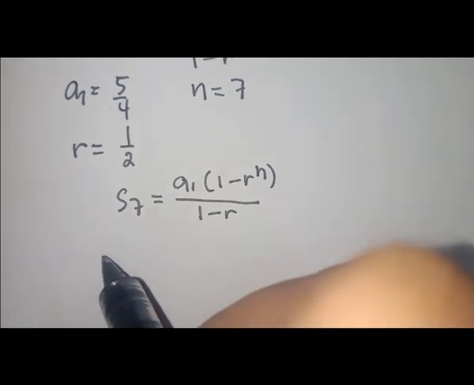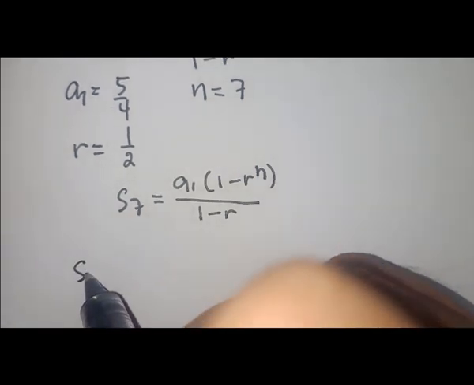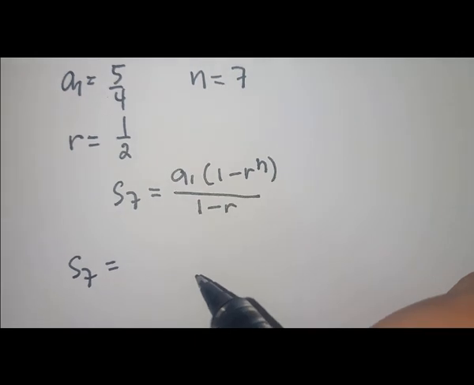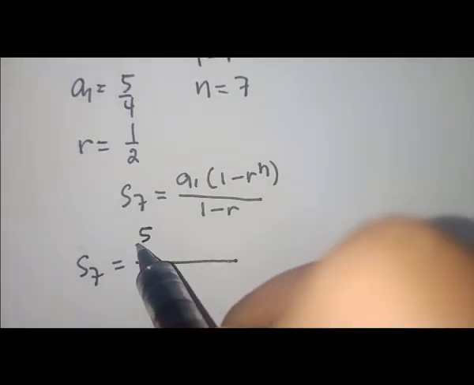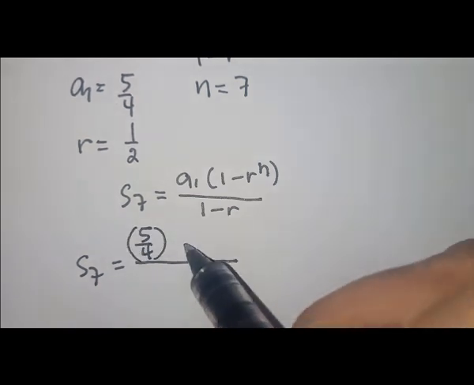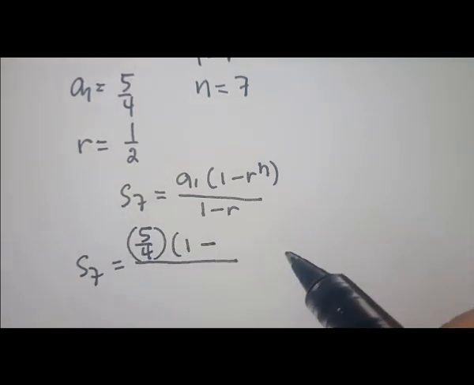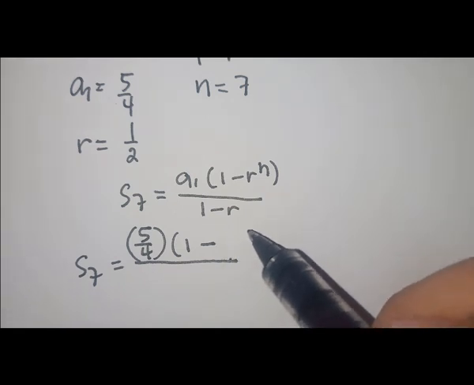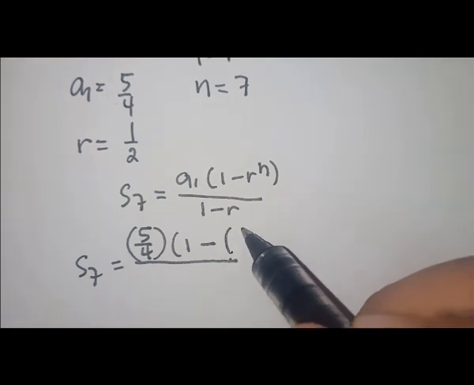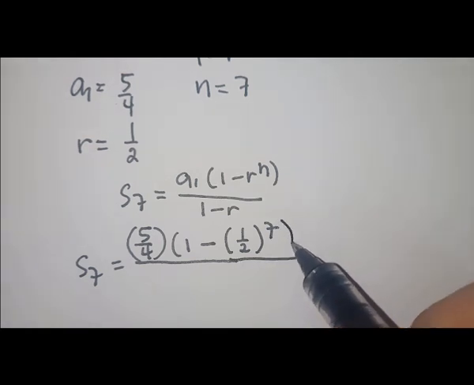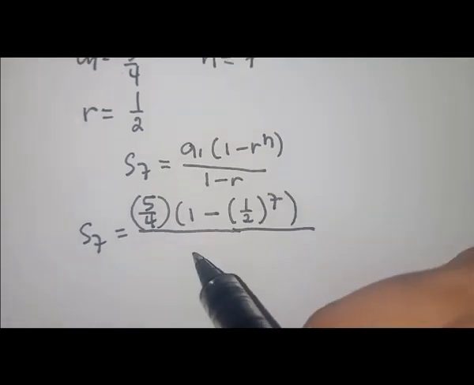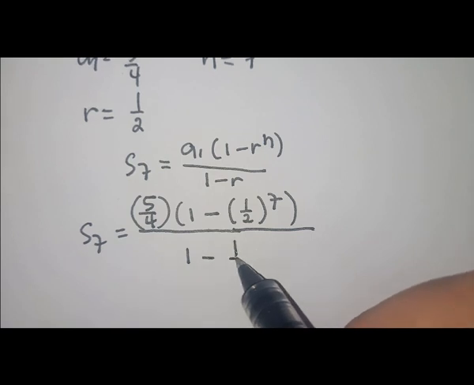So we have S sub 7 is equal to a sub 1 is 5 over 4 times 1 minus common ratio is 1/2. So 1/2 then raised to 7, over 1 minus 1/2.